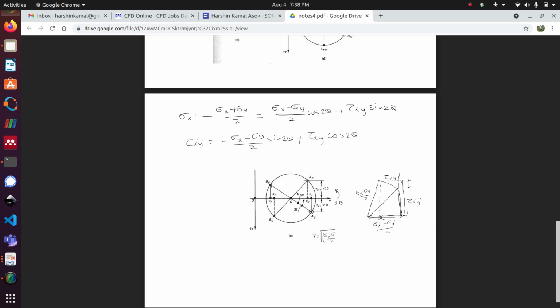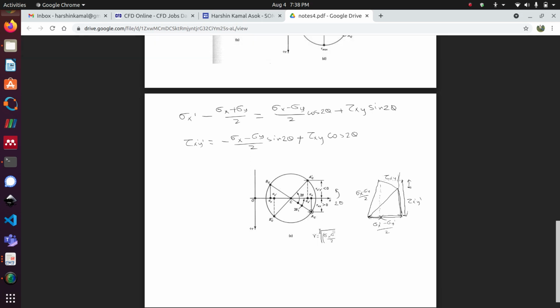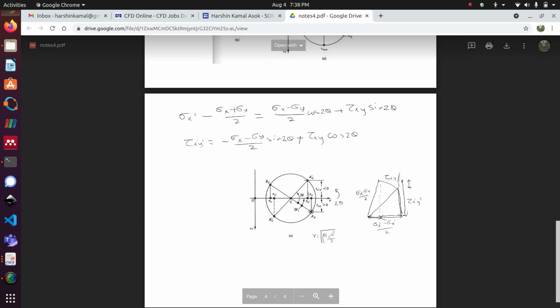So this coordinate system can actually be represented by a diagonal. Here when you mark this point A, C, this diagonal can be thought of as representing the plane corresponding to sigma x.